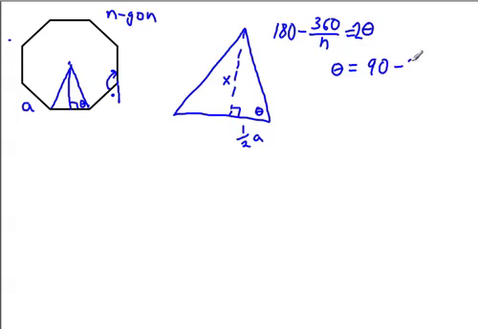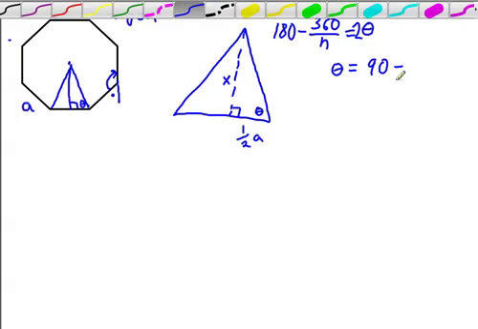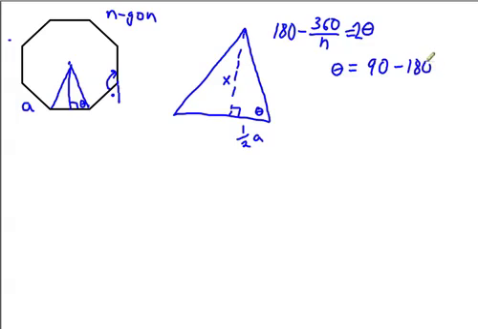That's going to be 90 minus 180 degrees divided by n. So that's our value of theta. And if you want to find x, we can use the tangent function.